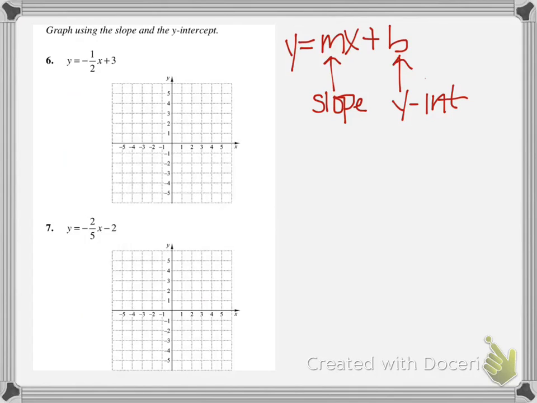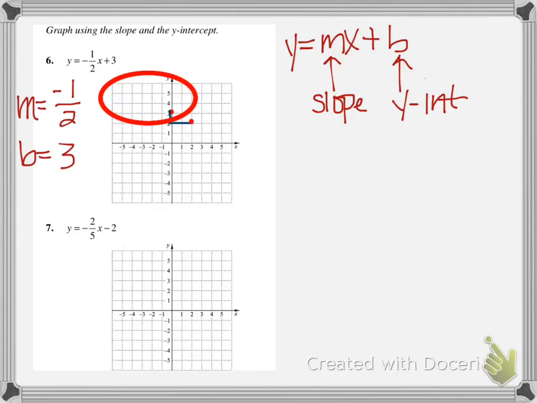So in this problem, my slope is negative 1/2, and my intercept is at 3. So if I graph my intercept, and then use my slope, I would go down 1 and over 2.